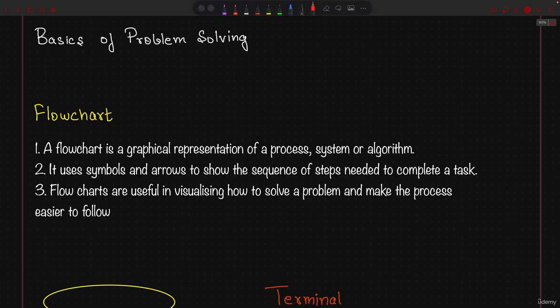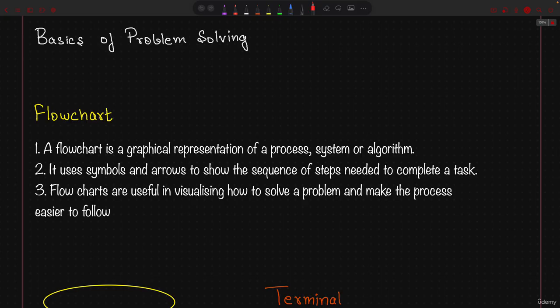I have myself used flowcharts to explain complex algorithms or complex processes many times in my companies as well. When I worked at Goldman Sachs or Mintical, I used to make these flowcharts to explain what I had done and make sure each and everyone is able to understand the same.